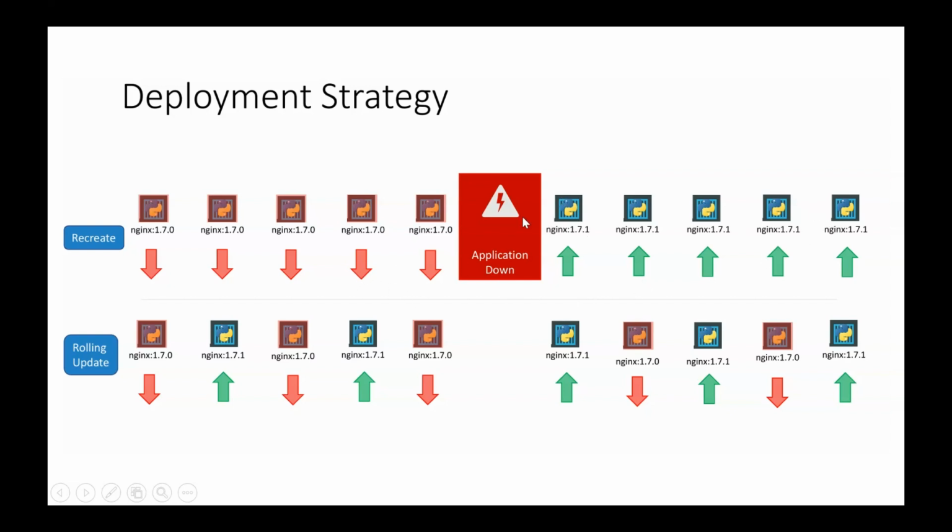So for some time your application will be down, but this is not the recommended strategy, because in this case your application will be down for at least some seconds.